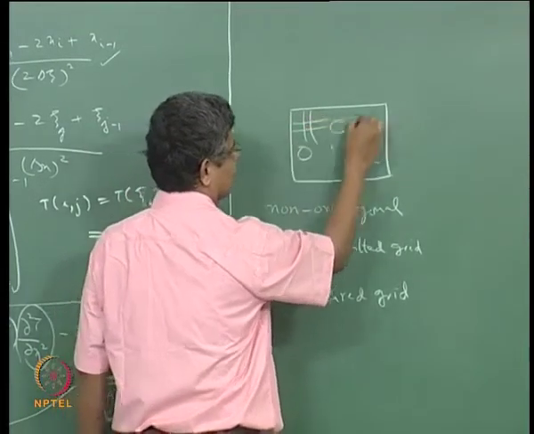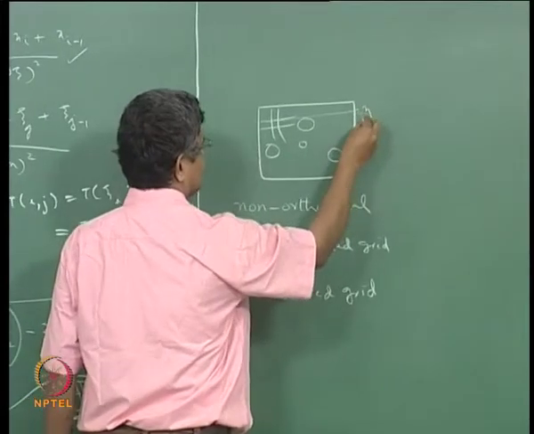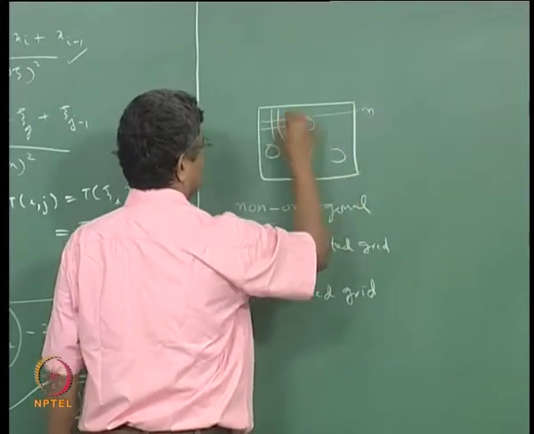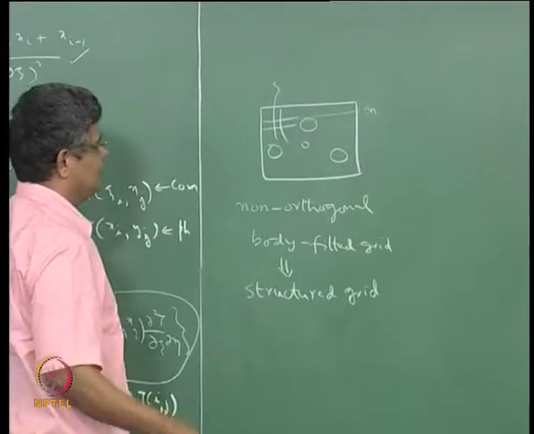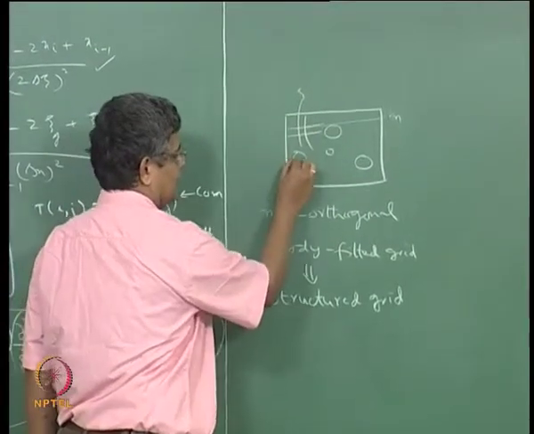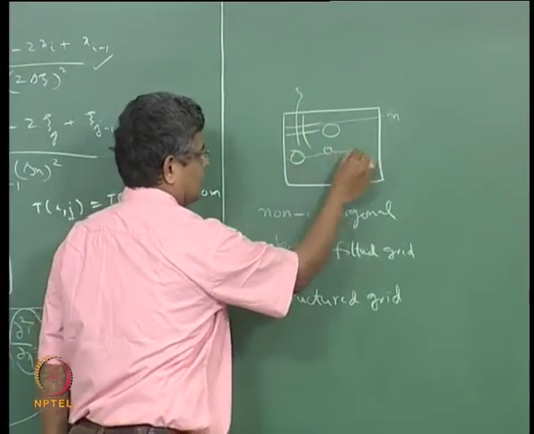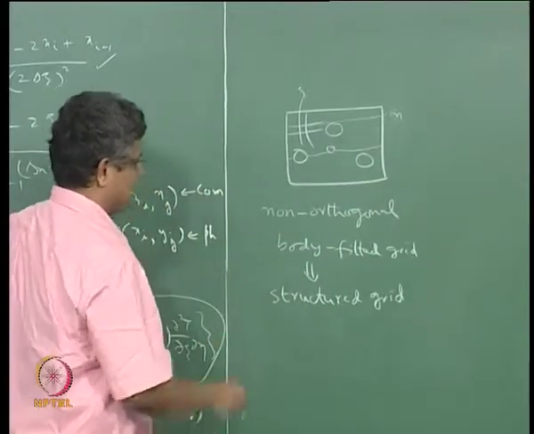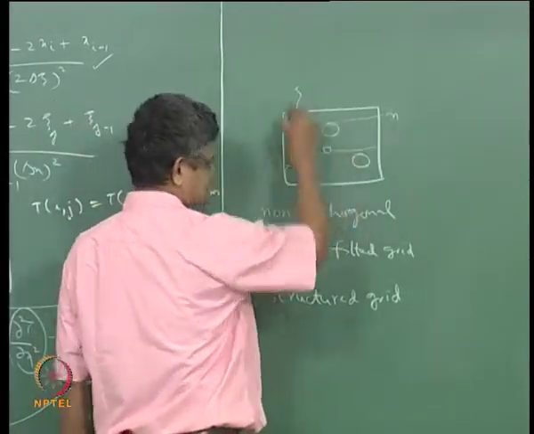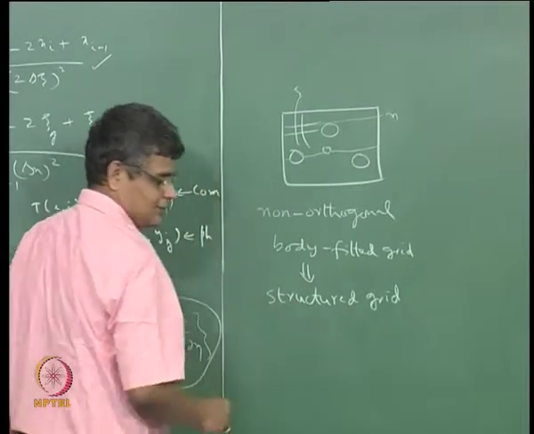For example, this may be a constant eta line, this may be a constant psi line like this. So all the grid points are located along intersections of constant psi and eta lines. That is what is known as structured grid.